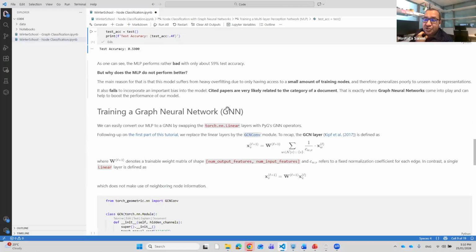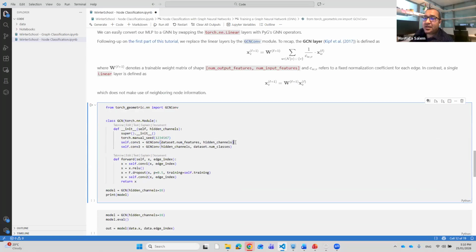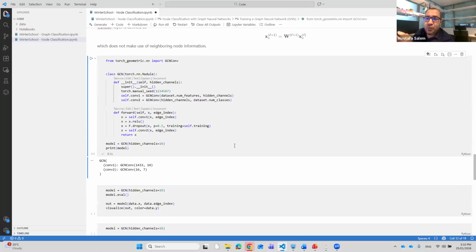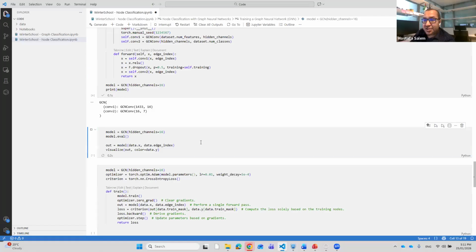Now I will create a GNN, a graph neural network, and I will pass the same graph to the GNN. GNN is different from MLP. GNN will do message passing layers, will do aggregate and update. So each node will collect information from its neighbors and the neighbors of neighbors and so on, according to the number of message passing layers you will add to the GNN.